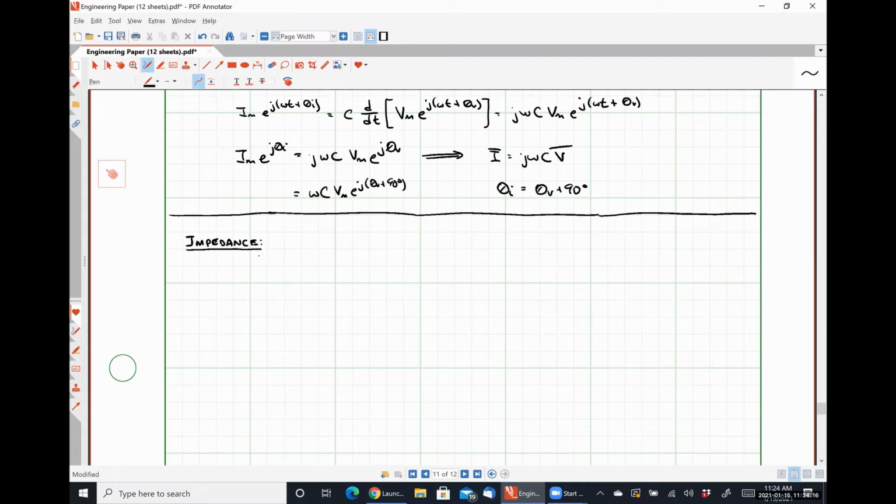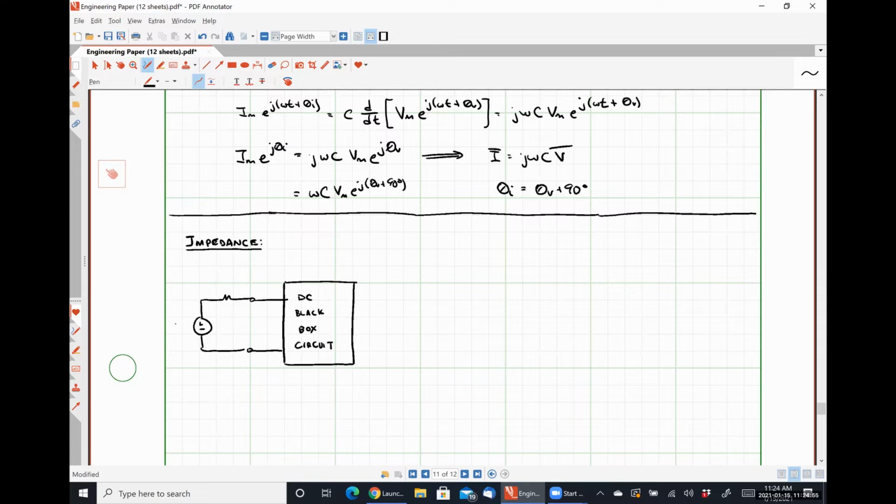So if we had a DC black box circuit like so, if we applied some test voltage source, or we could do a test current source as well.